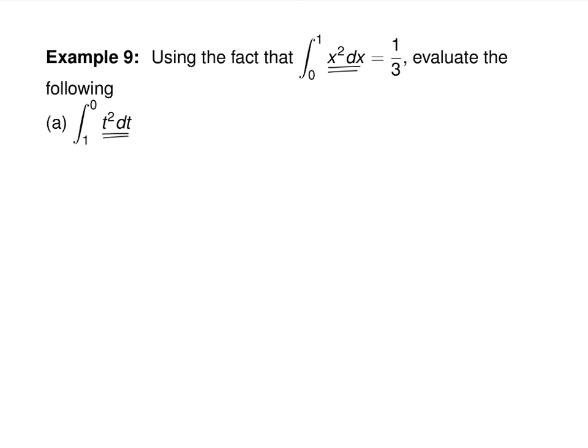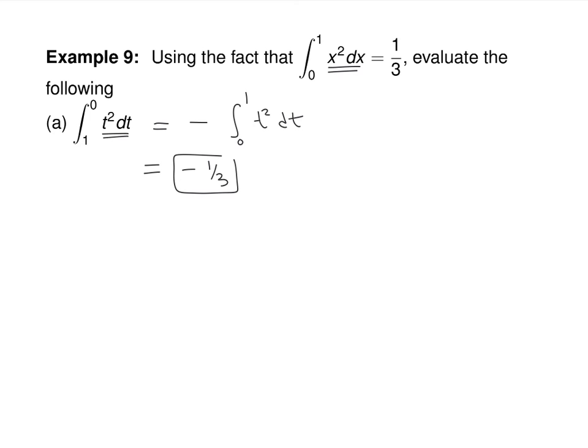So what's the thing that changed, other than the t and the x? First one's 0 to 1, right? Second one is 1 to 0. So if I negate this, I can change that to 0 to 1. And now can you say what it's equal to? Negative a third.